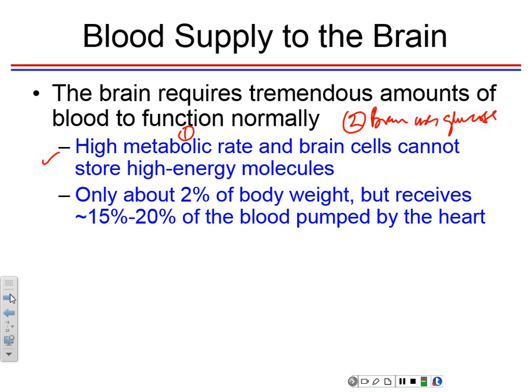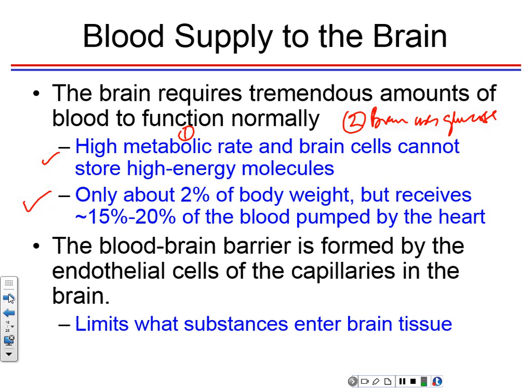If it was on the right side, then the left side would be off or not working. You know what I'm saying? So the brain requires a lot of blood, even though it's only 2% of the body. I want you to be able to explain some of the reasons why the brain requires so much blood when it's only 2% of the body.